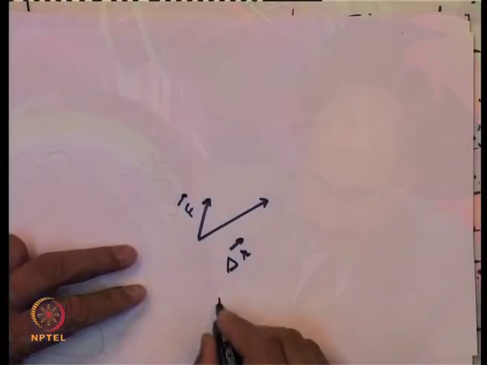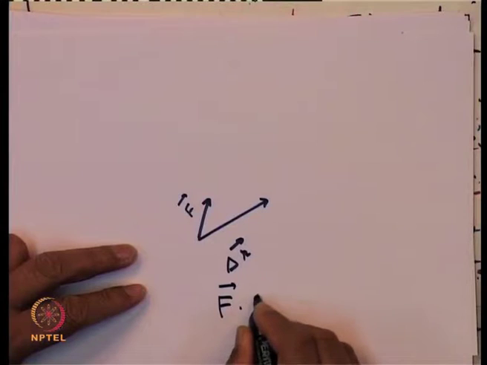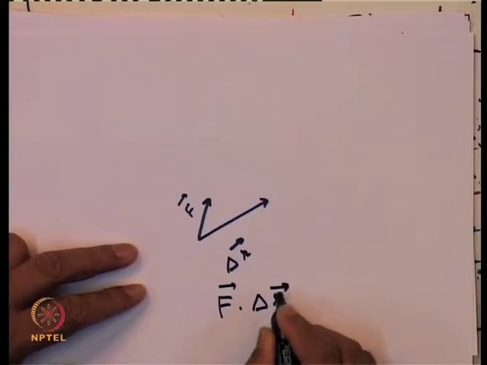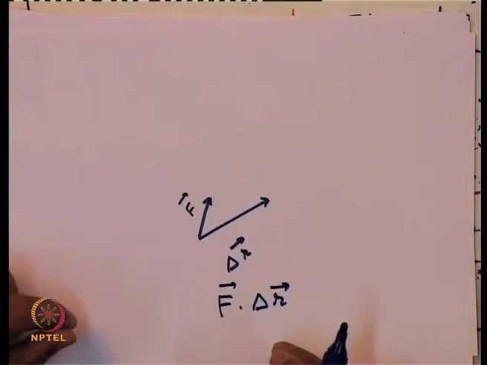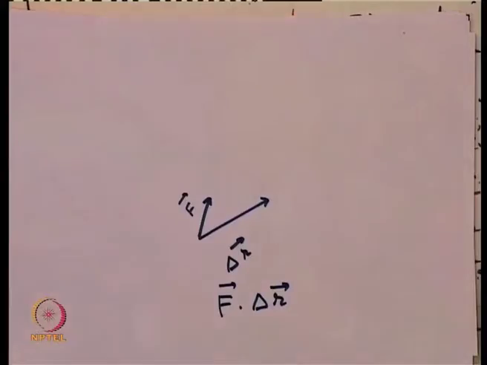Once the force is applied, whatever is the displacement in a given time delta t, if this displacement is delta r, then F dot delta r is called the work done by the force, and this is equal to the change in the kinetic energy, because now under the application of the force, the particle's kinetic energy would change, and the change in the kinetic energy in the same time delta t will be given by F dot delta r. This is a well known classical result which is called work energy theorem.